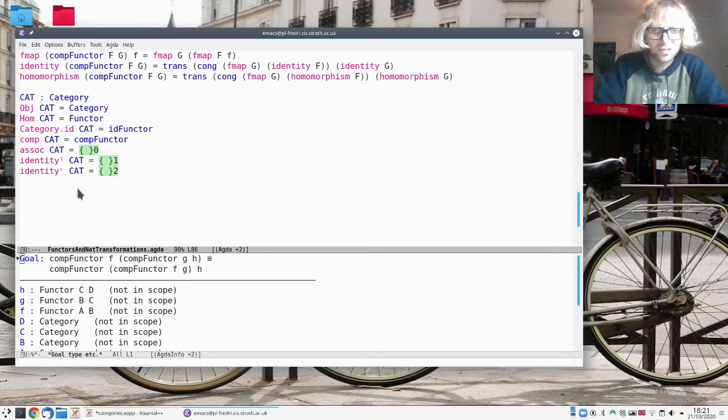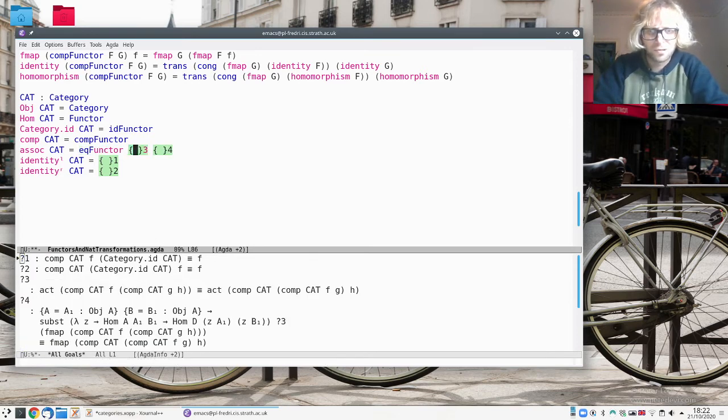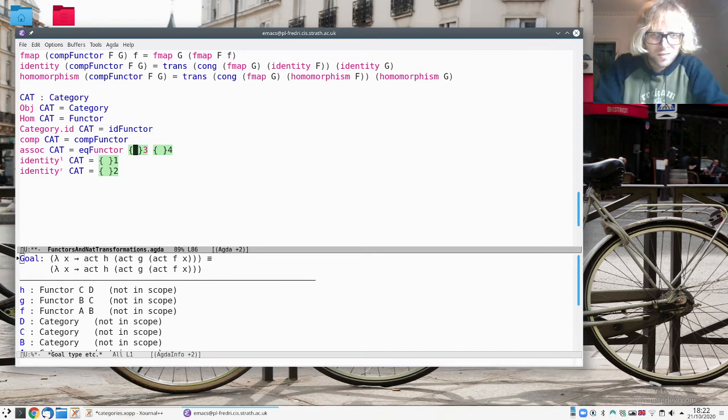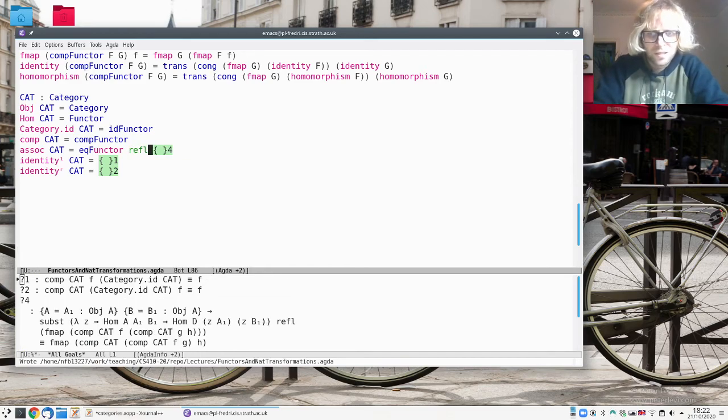So here we have to show this, and we are claiming that we can do this with our piece of kit. We're trying to show that two functors are equal, right? This composite versus this composite. So we have to give a proof that they are equal on objects and a proof that they are equal on morphisms. And on objects, we see that we are lucky. This is exactly REFL.